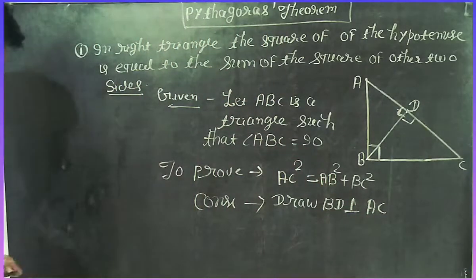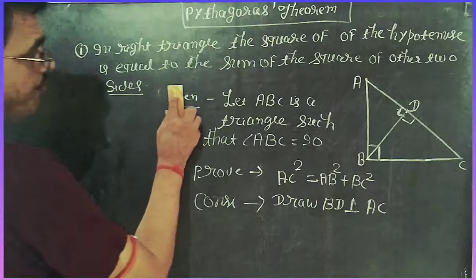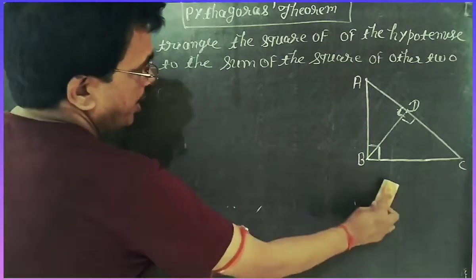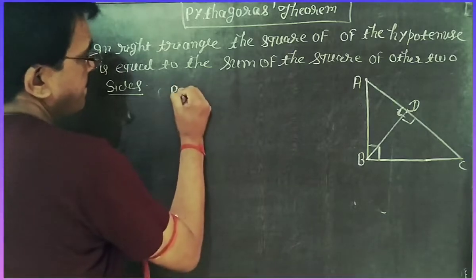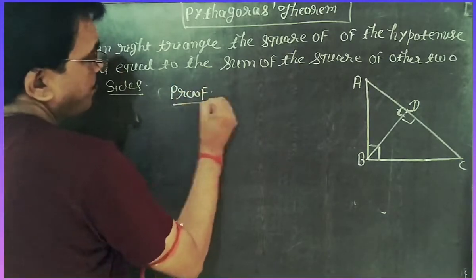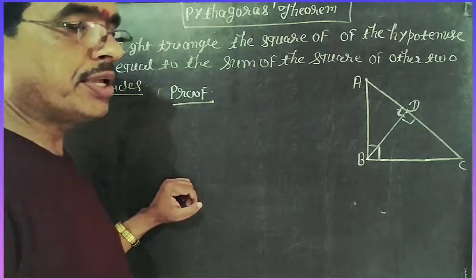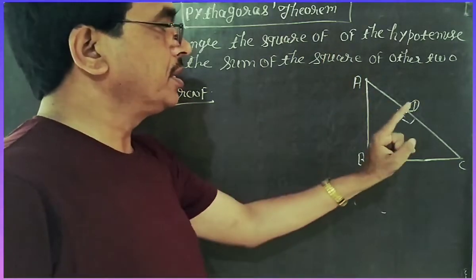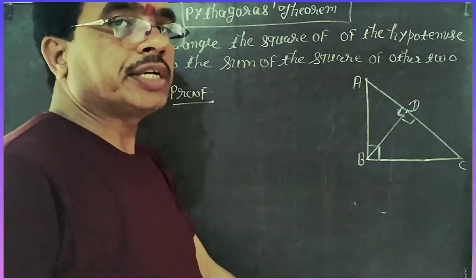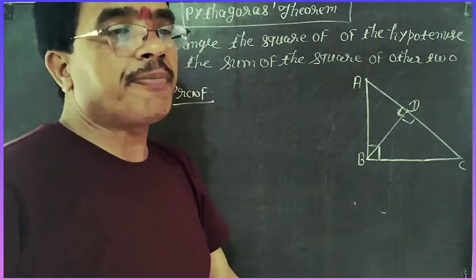It is construction. Now proof. You write that is proof. In Pythagoras theorem, you always take a small triangle and large triangle, then again a small triangle and large triangle, and find the similarity relation between them.